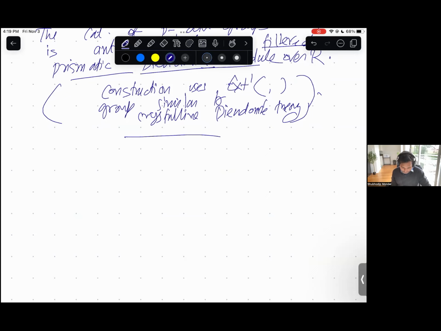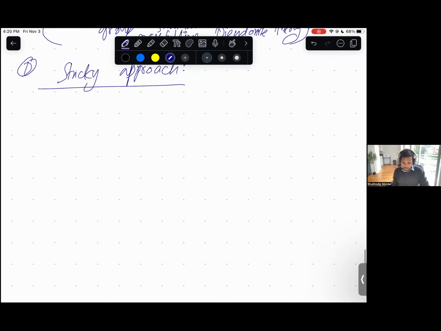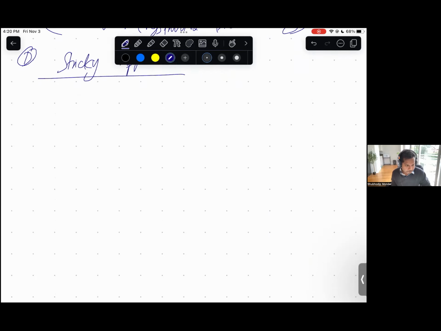So this is the last part of the two talks, and I think this will be on this stacky approach. I think things should be somewhat easier now in this part of the talk.